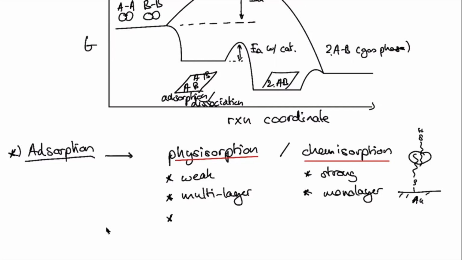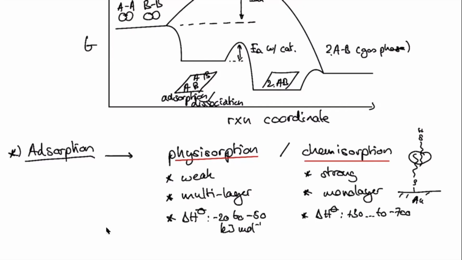Okay, so let's look at enthalpy. So delta H standard here would be -20 to -50 kilojoule per mole. And for chemisorption, this can be +30, that's weird, right?